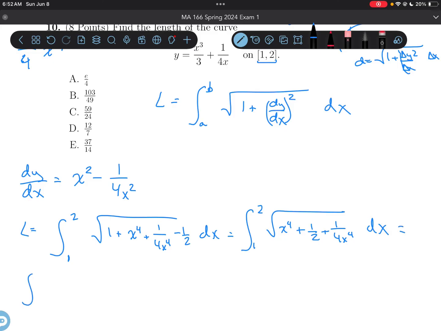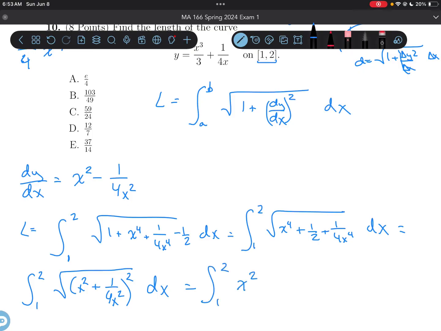Noticing that pattern, we can realize that our expression over here is equal to x squared plus 1 over 4x squared, squared. So almost exactly identical to what we have for the expression of dy dx, except instead of a minus 1 over 4x squared, we have a plus 1 over 4x squared. That means that the x to the power of 4 term and the 1 over 4 times x to the power of 4 term don't change, but our minus 1/2 becomes a plus 1/2 because we have a plus over here.